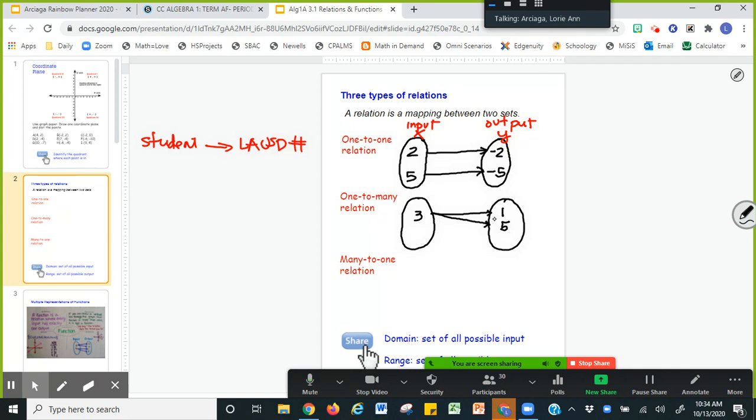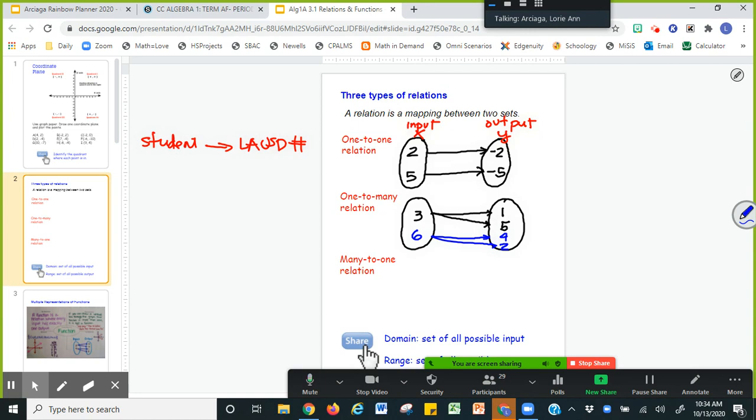So one to many. We can also have, let's say, 6 here, and we pair it with 2 numbers. Let's say 4 and 2. I'm just coming up with these numbers randomly. I'm not having any particular rule in mind.